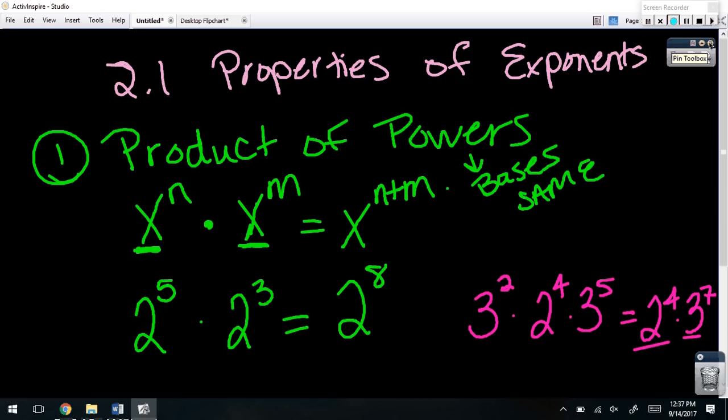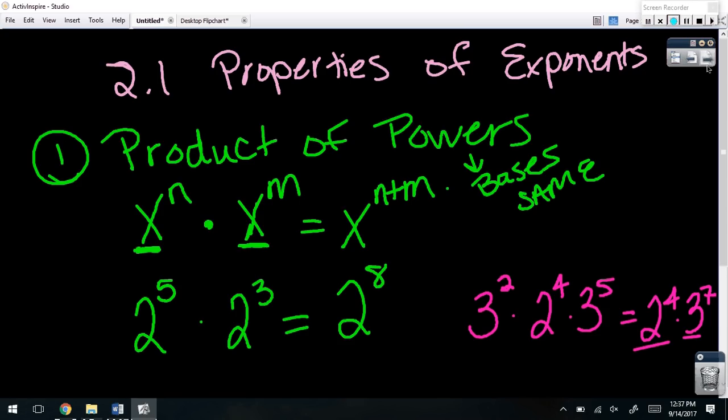So the only thing that you can do is combine the exponents of the bases that are the same. Does that make sense to everybody? All right, so product of powers. Does that make sense? Okay.